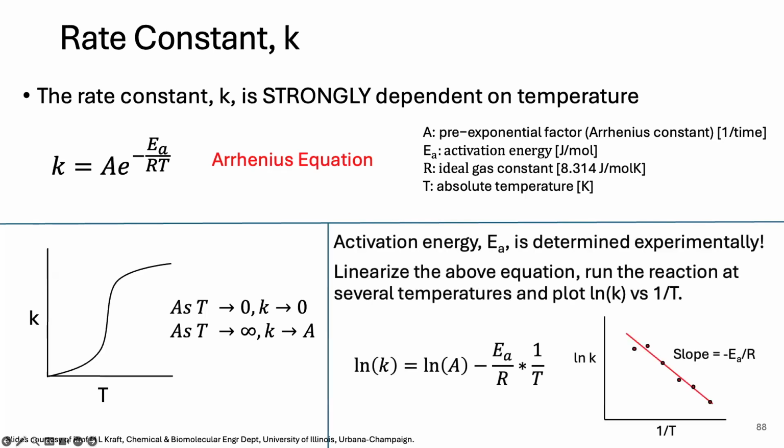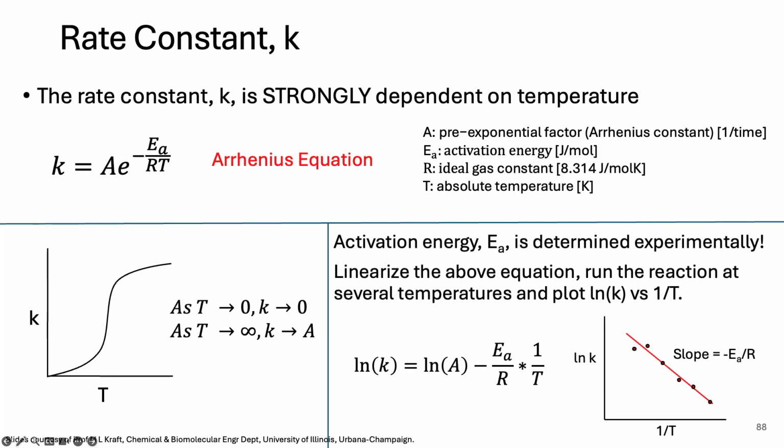The activation energy, along with the pre-exponential factor, are the two main parameters that we need to model the temperature dependence of the rate constant. And we determine both of these experimentally.